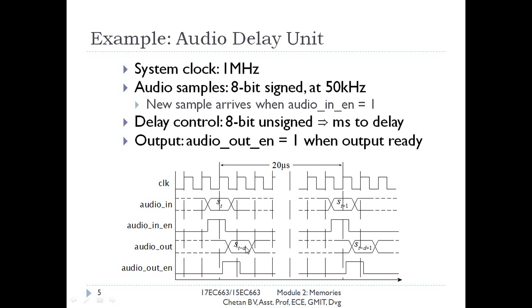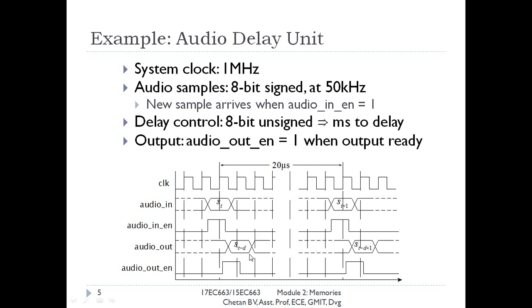This is a sample which was stored small d milliseconds earlier. S(T minus D plus 1) is again a delayed sample which was stored D plus 1 milliseconds earlier. What is D? D is delay.